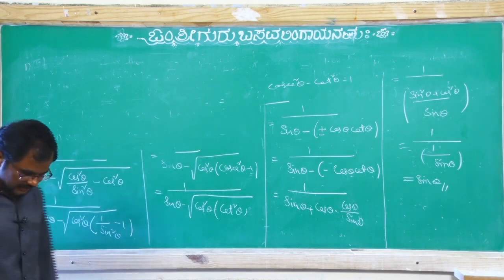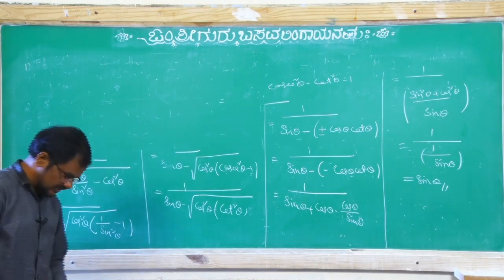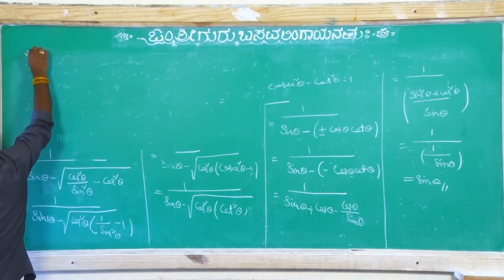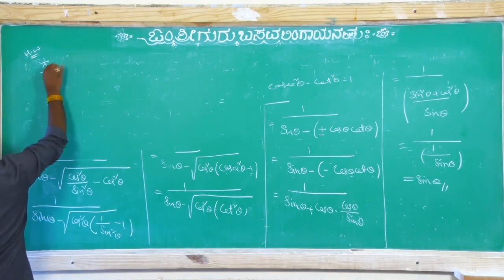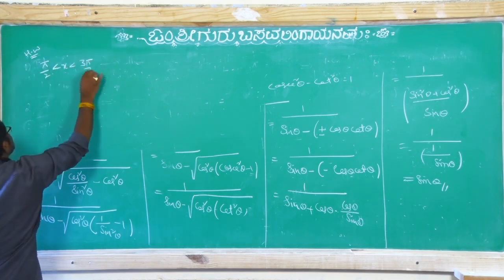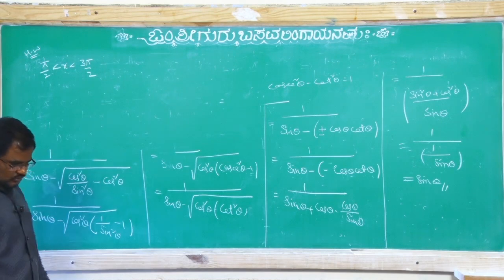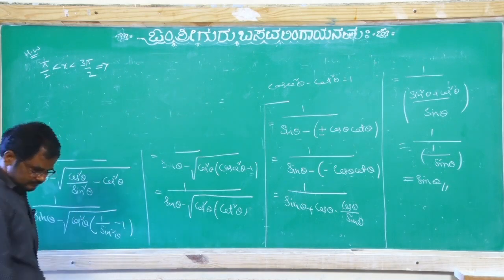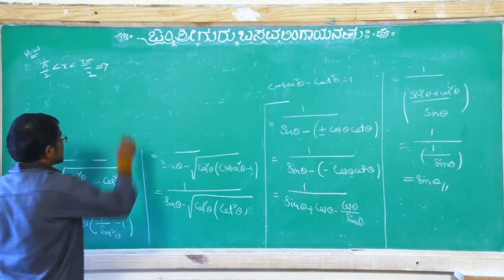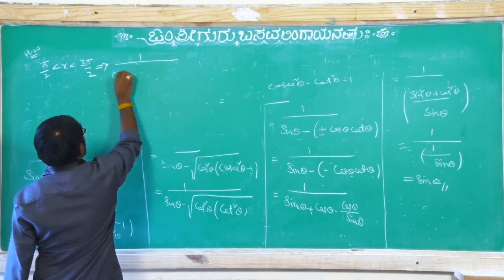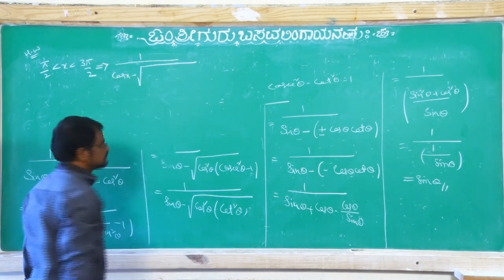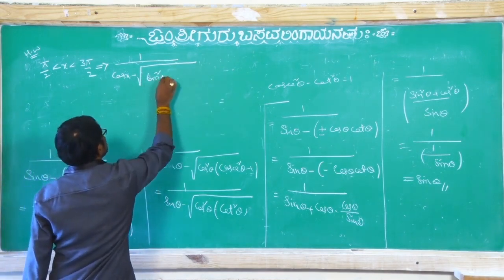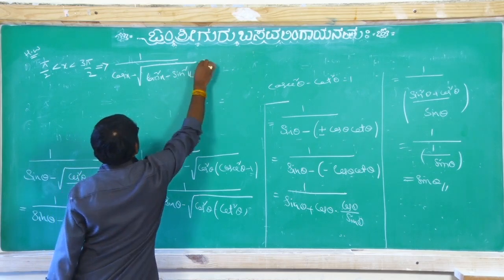Okay, one example I will give based on this one, homework you do later, you try. So, pi by 2 less than x less than 3 pi by 2, then 1 by cos x minus root of tan square minus sin square.